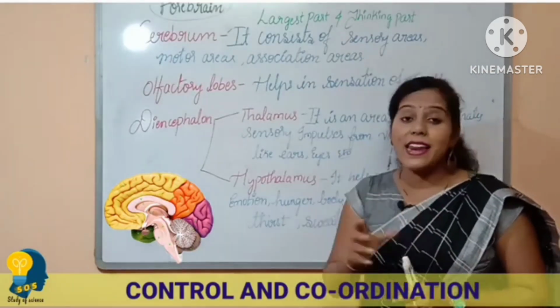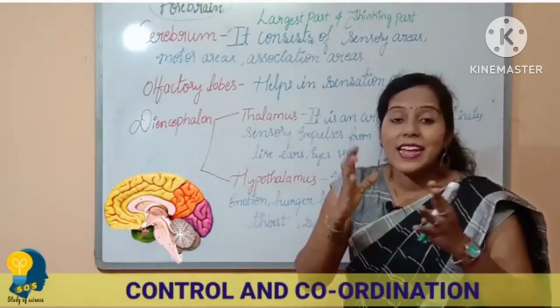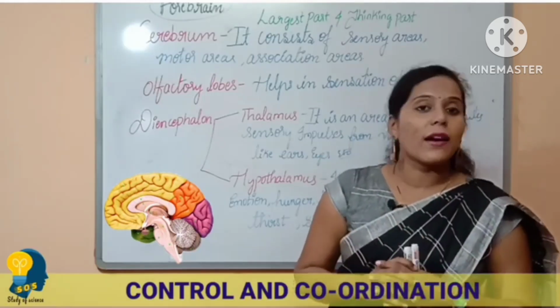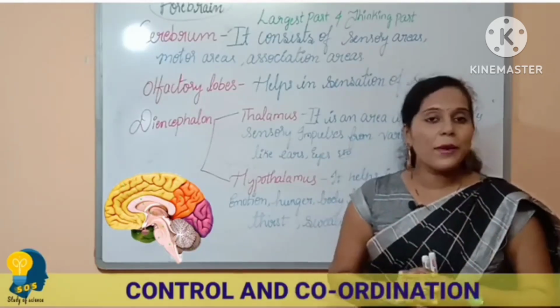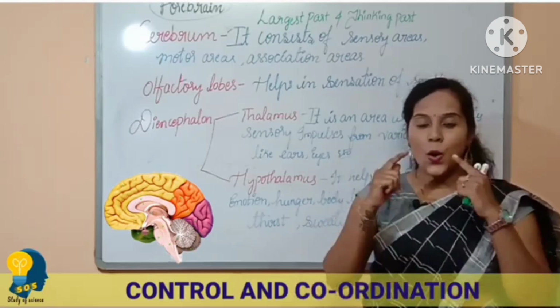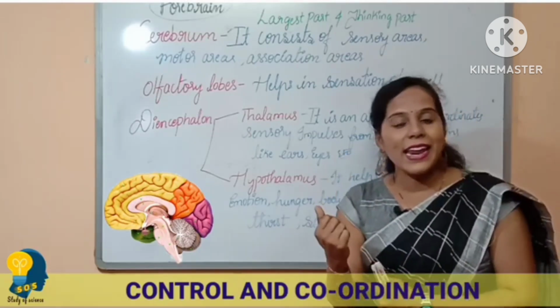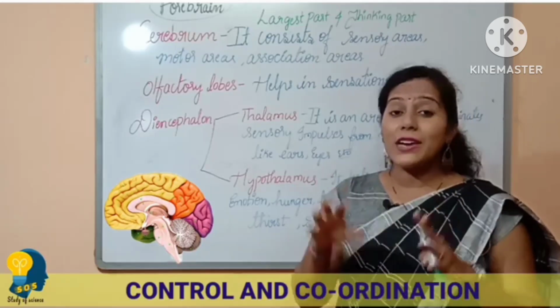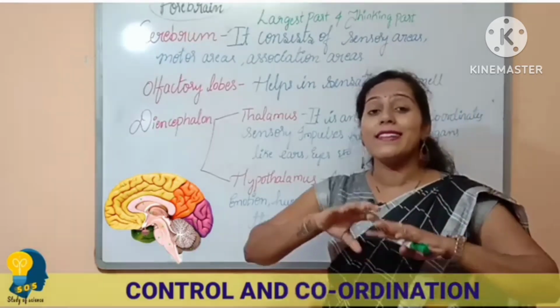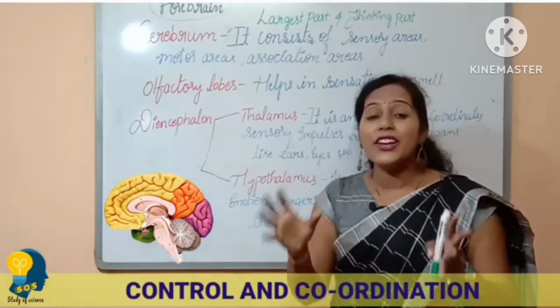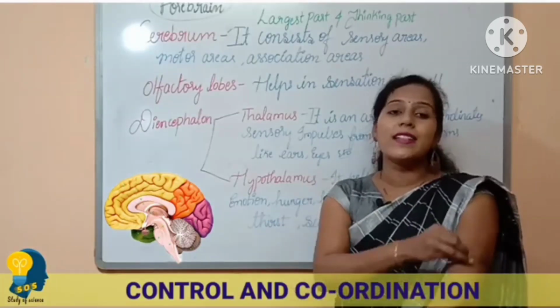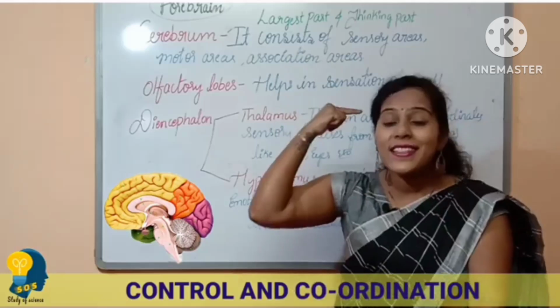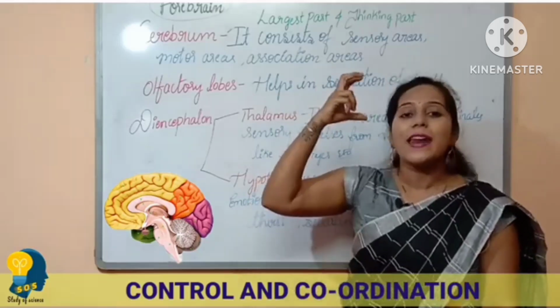What do the sensory areas do? When I say sensory, that means it is related to sense organs. You know which sense organs are present in our body, right? Eyes, nose, ears, skin, tongue, all these are our sensory organs. Whatever the sensory organs sense, that sensation will be passed through sensory nerves to the sensory area of the cerebrum.